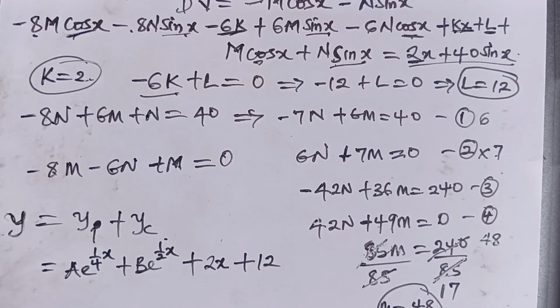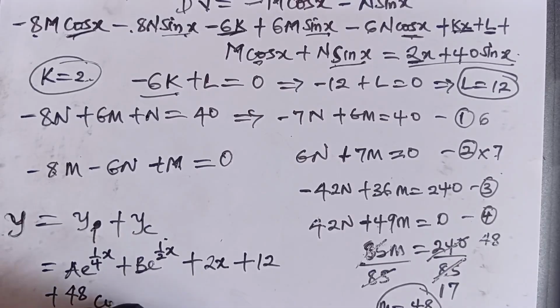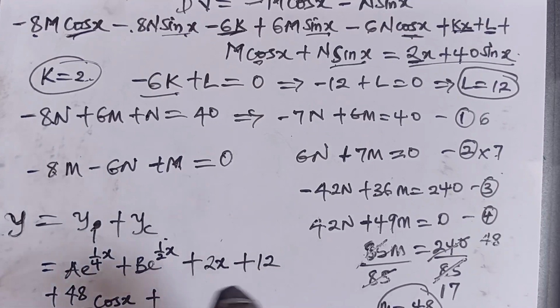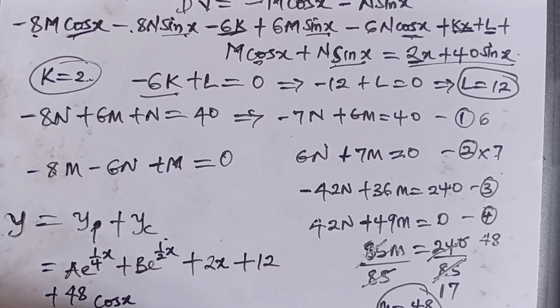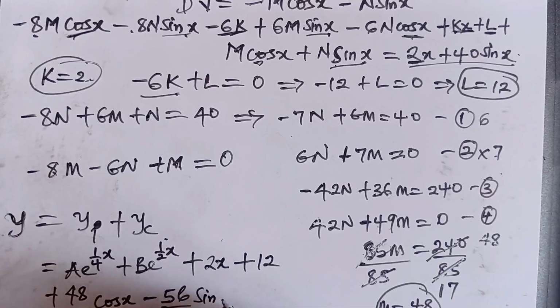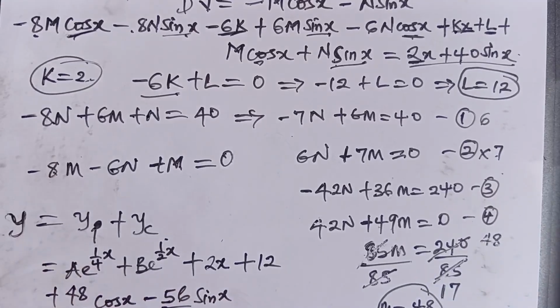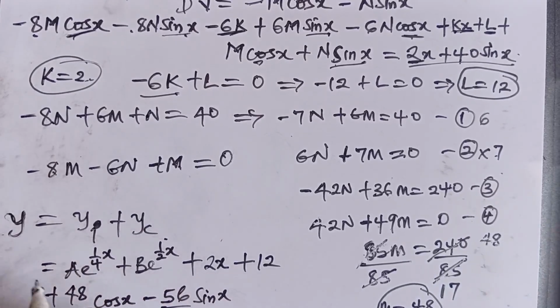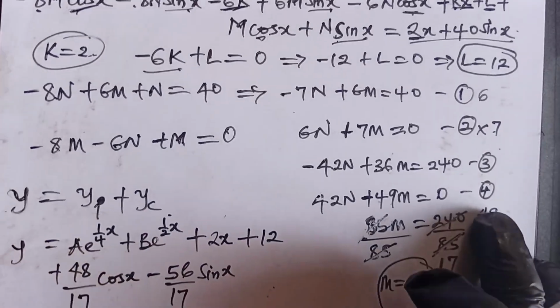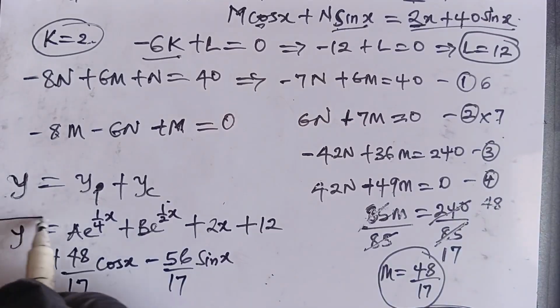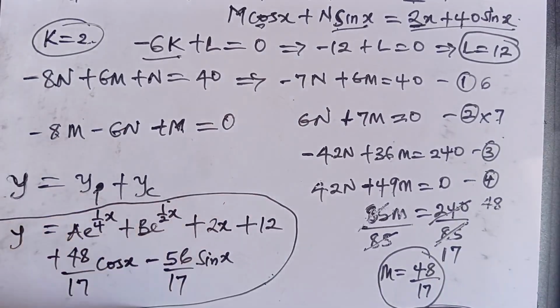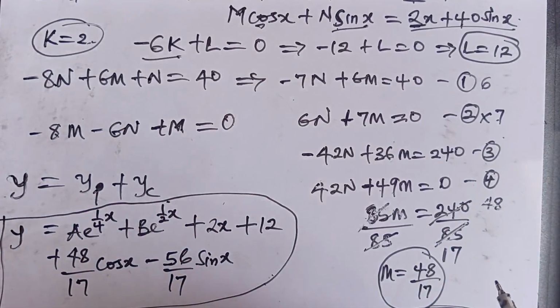M is 48 over 17, then there's cos x. Then n is minus 56 over 17, and there's a sin x. And this is the general solution to the second order non-homogeneous differential equation.